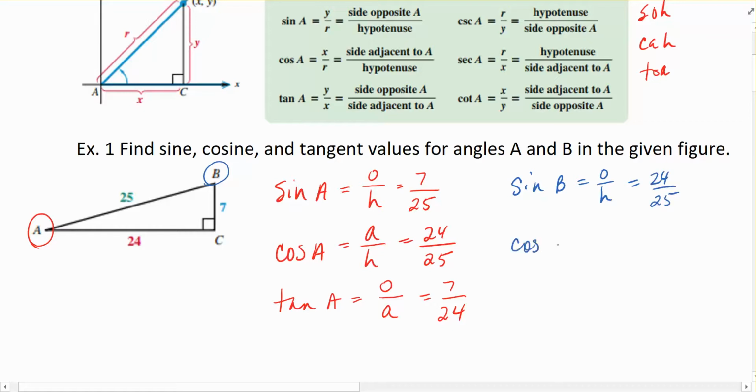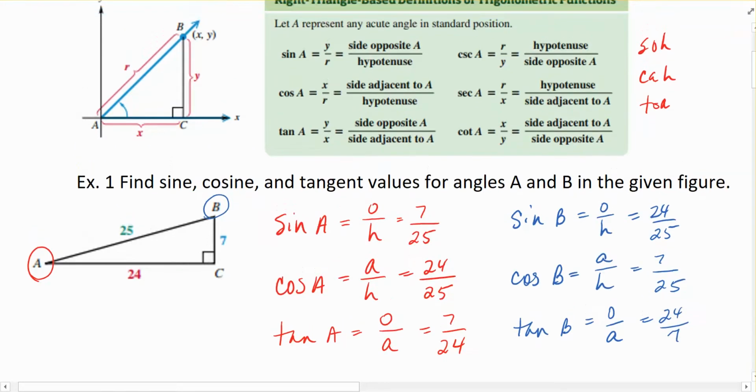Let's go with the cosine of angle B, which would be adjacent over hypotenuse. The side adjacent to angle B is 7 this time, and the hypotenuse is 25. And then of course we have tangent of angle B, which would be opposite over adjacent. So the side opposite angle B is 24 divided by the adjacent side of 7.